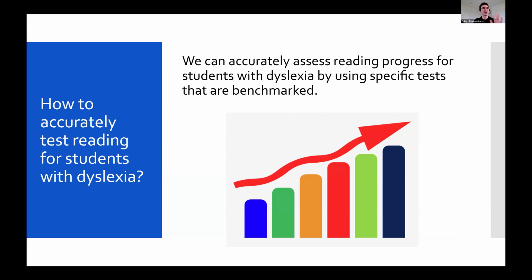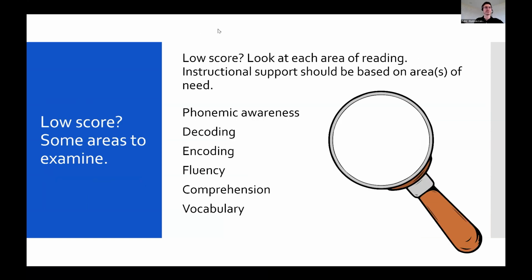So we could see, well, the student was having trouble with these sounds when we did this benchmark test. Three months later, they've improved. They know this short vowel sound, they know this vowel combination sound, and that gives us a much more accurate idea of the progress that the student is making and real improvement that they're making.